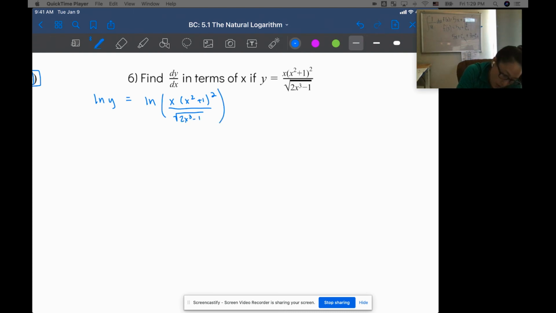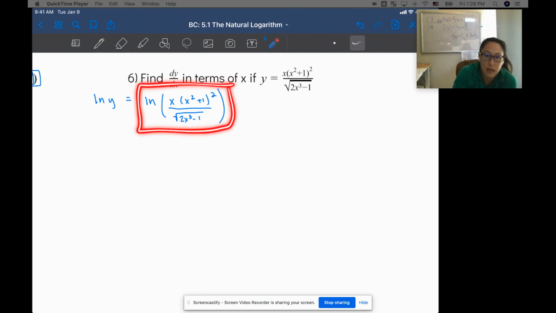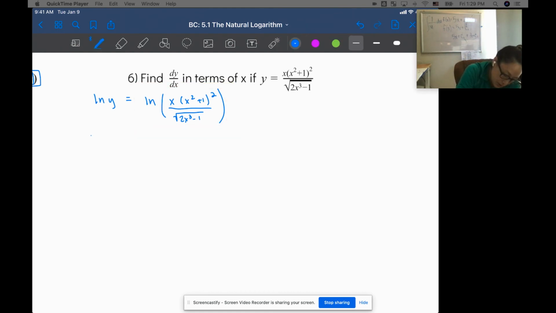And I remember all about my log rules. I can split this apart to be the ln of x plus the ln of x squared plus 1, squared, minus the ln of 2x cubed minus 1 to the 1/2.